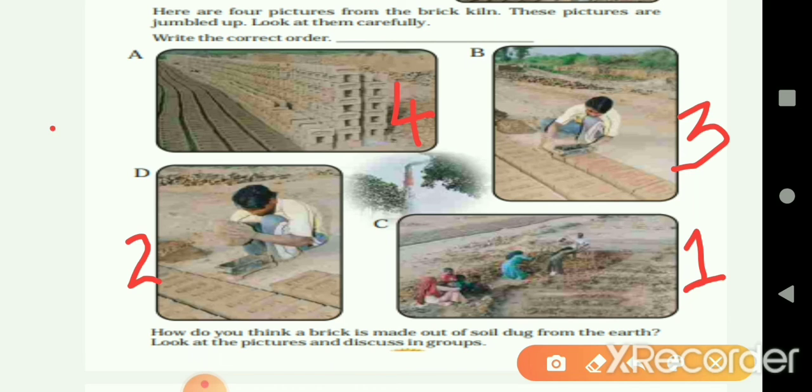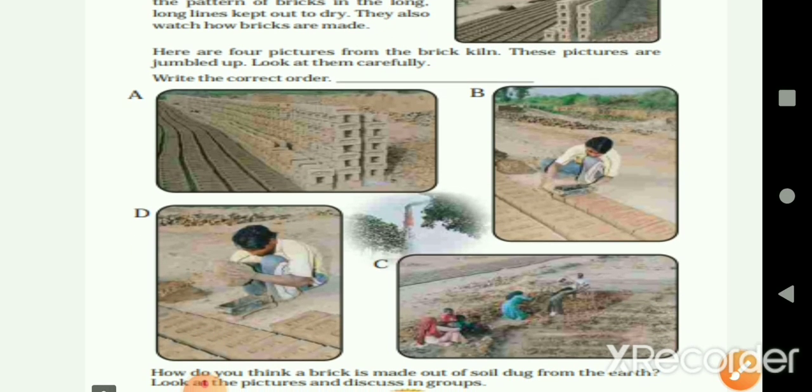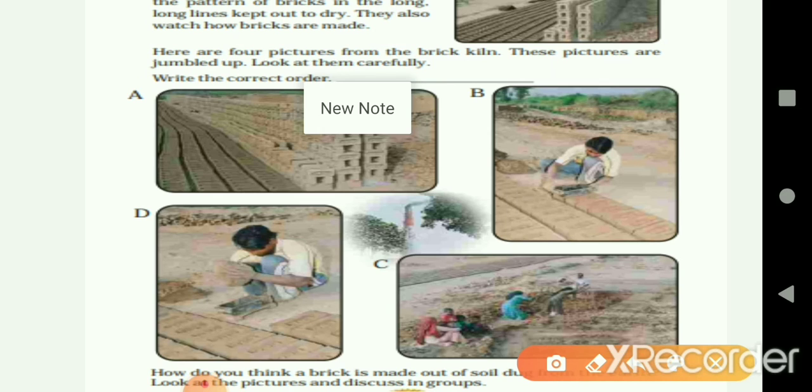So I arrange the order C, D, B and A. Understood? So first they collect soil, then the second picture, then third, and then arrange in a line.